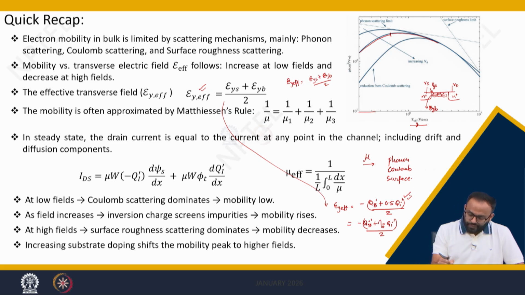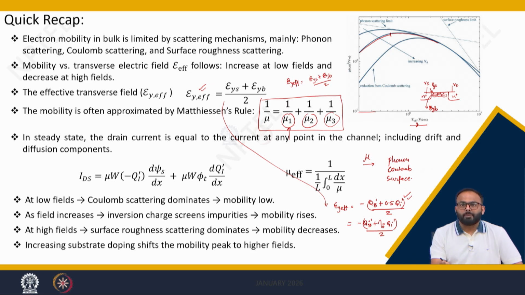Further, we said that the effective mobility in MOSFET operation can be given by Matthiessen's rule, which captures all the scattering events. For example, mu1 is the mobility captured by phonon scattering, mu2 is captured by Coulomb scattering, and mu3 is captured by surface roughness. At any instant all the mobility effects come into the picture, and we need to include them by deriving an equation for mu effective.